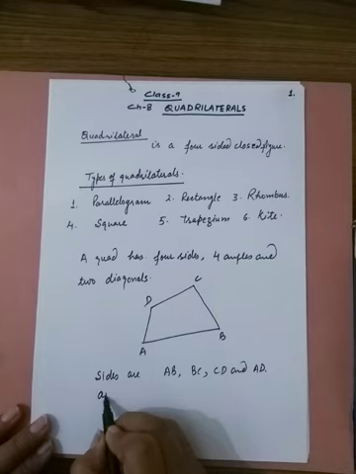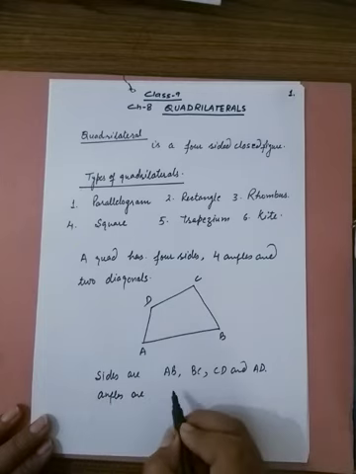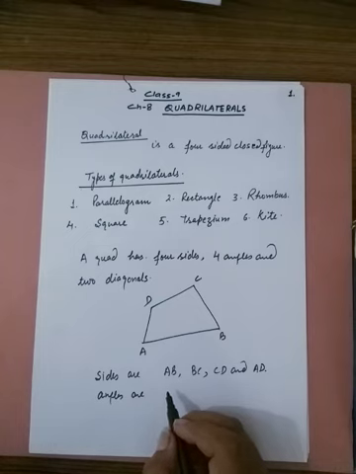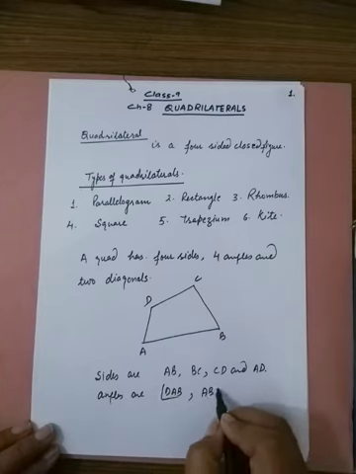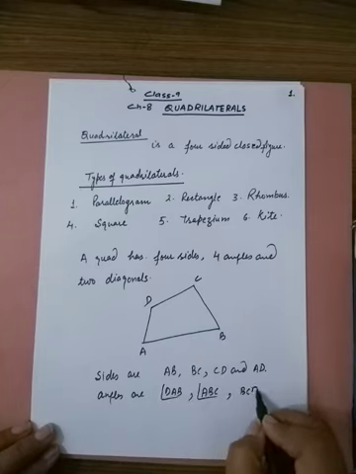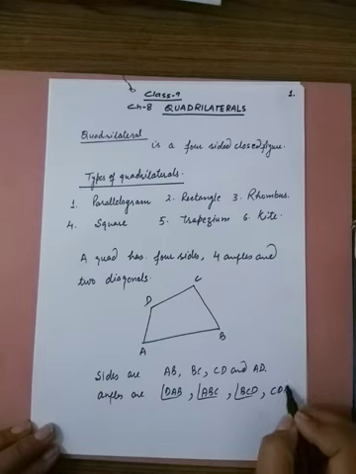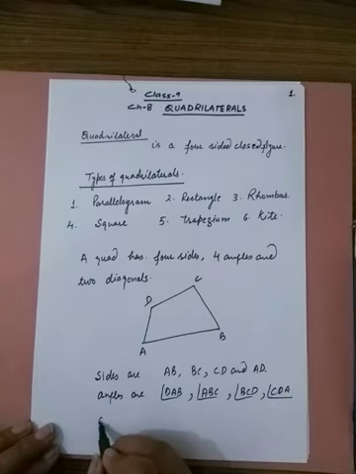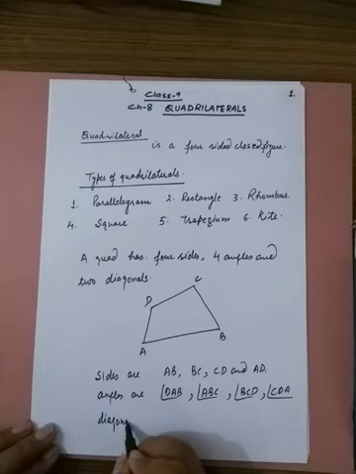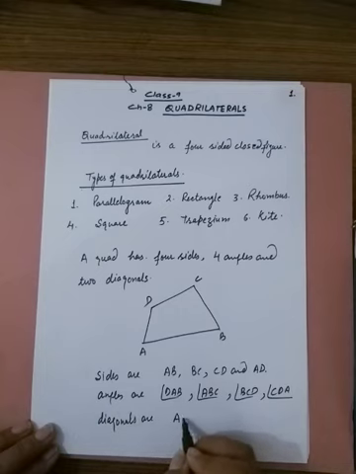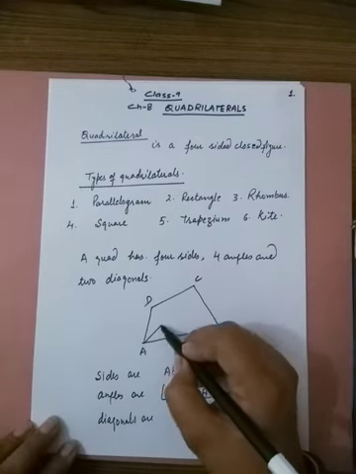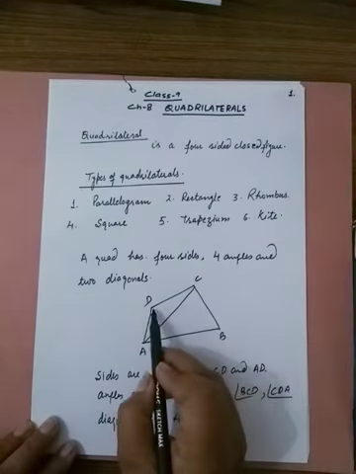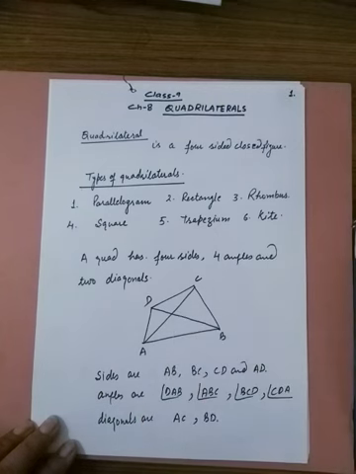And angles are, we can name these angles with a single letter only, or we can say angle DAB, angle ABC, angle BCD and CDA. And its two diagonals are diagonal AC and diagonal BD. If we join these two opposite vertices, we get two diagonals.